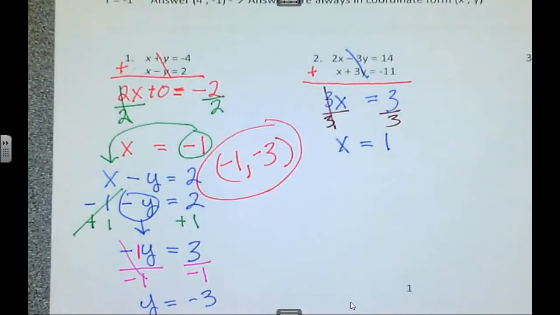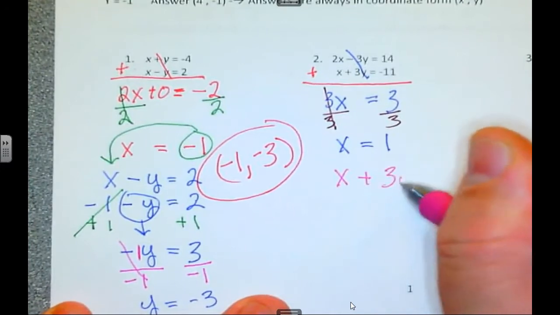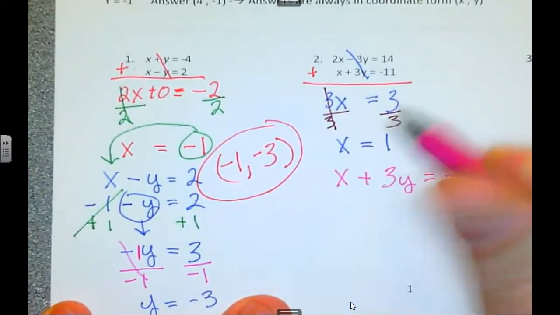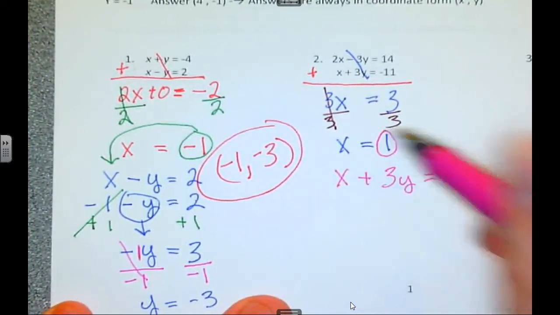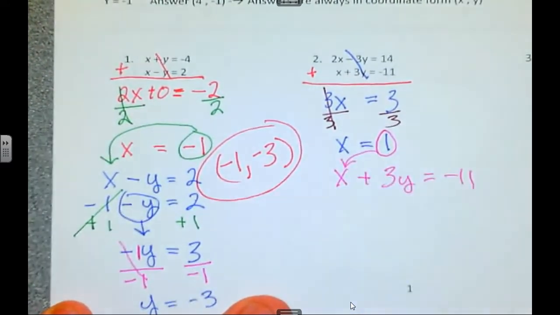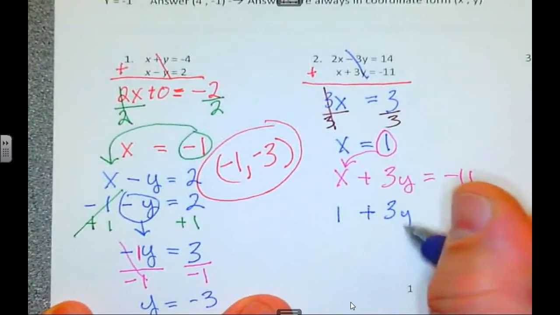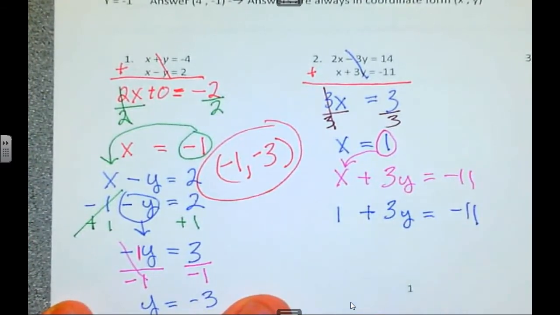Pick an equation. Which one? Bottom. So I have x plus 3y equals -11. My x is 1. Going to substitute it back in. So I get 1 plus 3y equals -11.